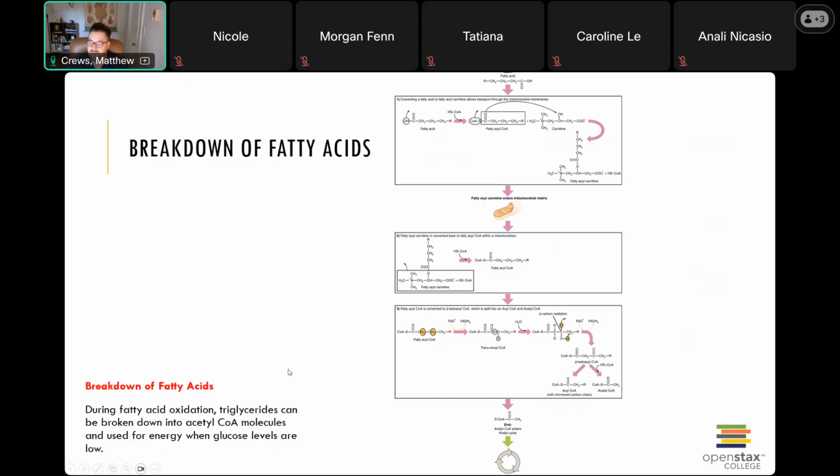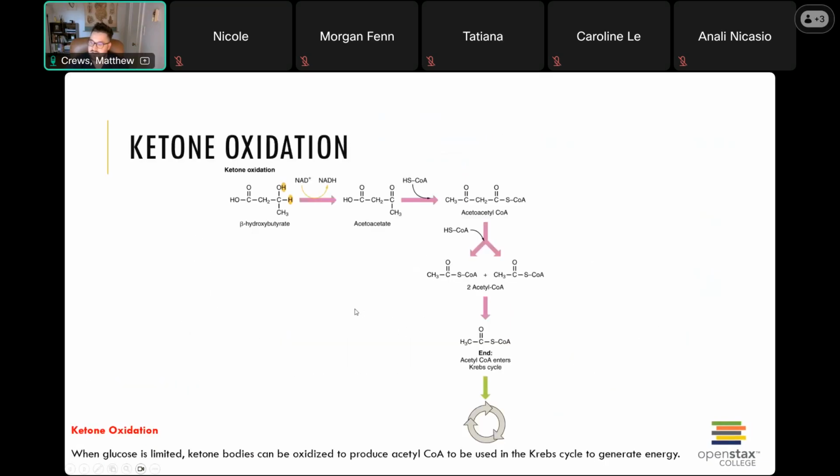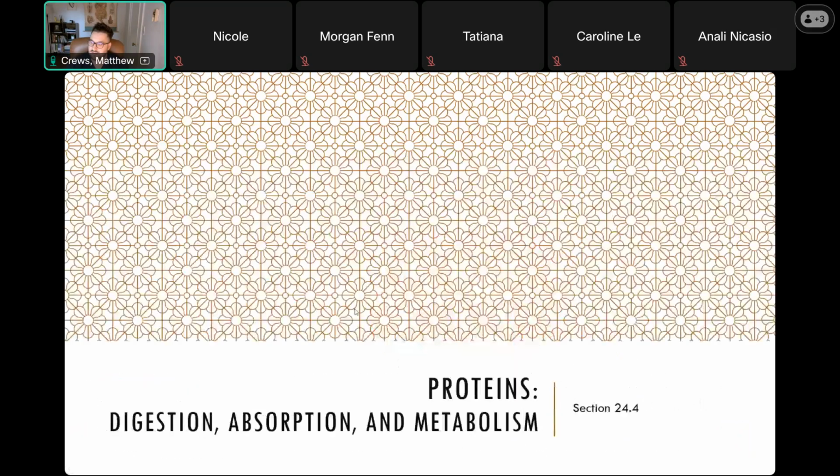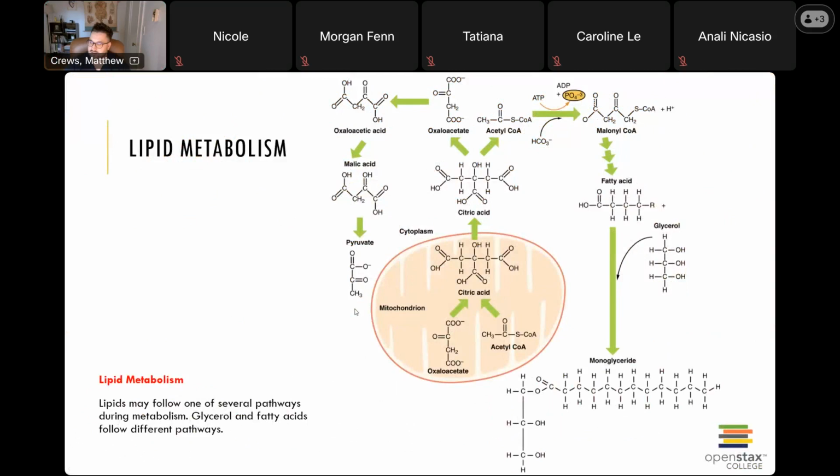Okay. Now, breaking down fatty acids. Fatty acids are broken down during oxidation. Okay, so blowing crap up. Triglycerides can be broken down into acetyl-CoA molecules and used for energy when glucose levels are low. Are we even talking about that? We are not.